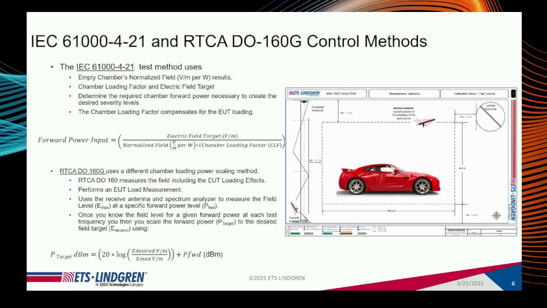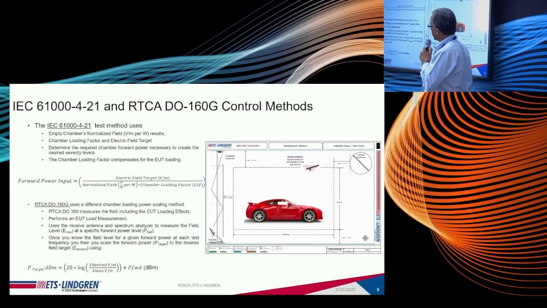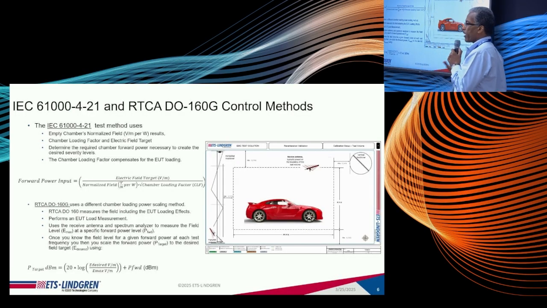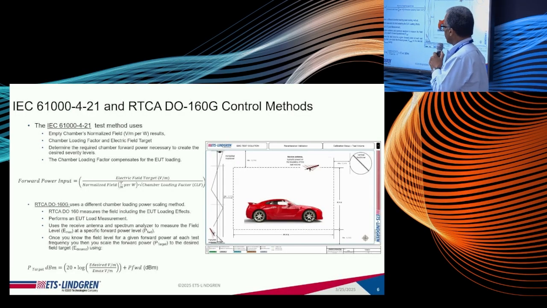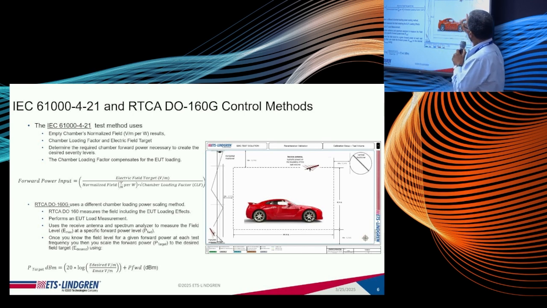And similarly, the procedure used in the DO-160 document, where again you characterize the field, you measure the uniformity of the field by sampling at a number of points around your test volume, calculate the variation of the field, and then use some of that data to calculate or predict the input power needed for your test field strength.